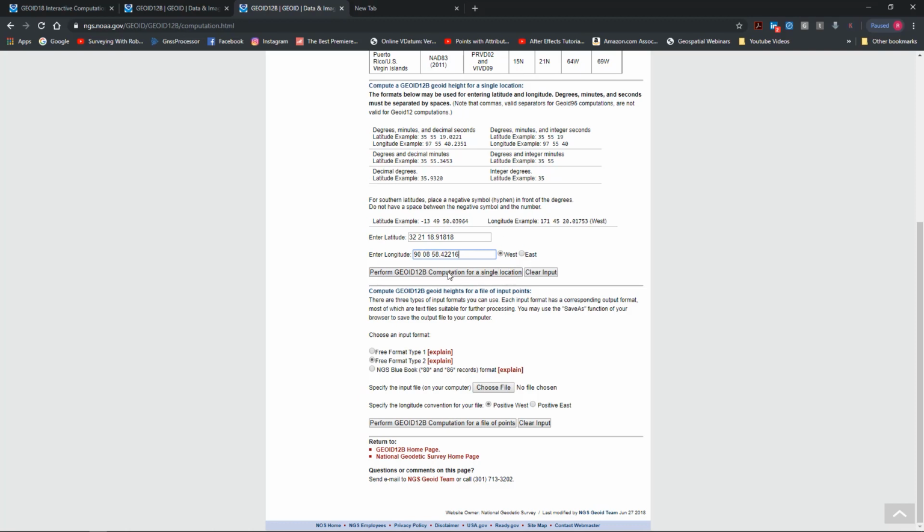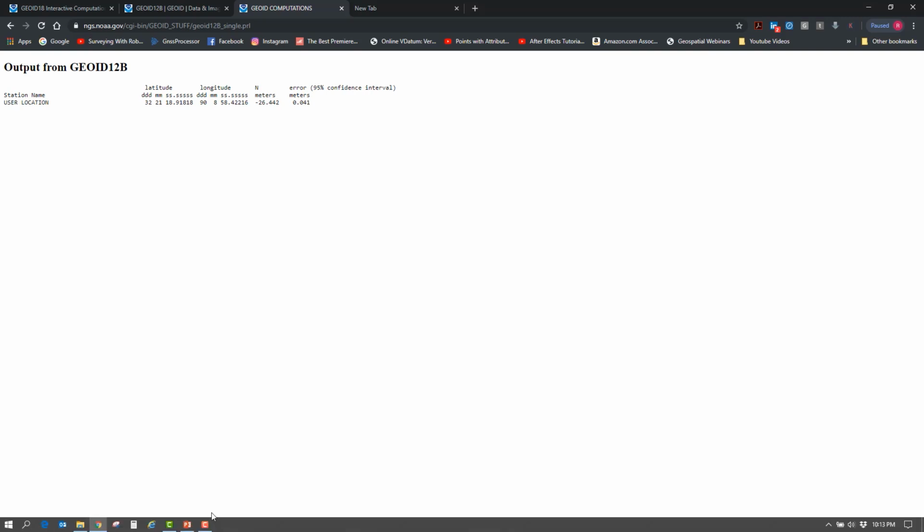So perform a single point computation. Boom. Okay, minus 26.442 meters, which I've got in U.S. survey feet over here on the other side. Anyways, you get the idea, right? That's the minus number that we were looking at a while ago.